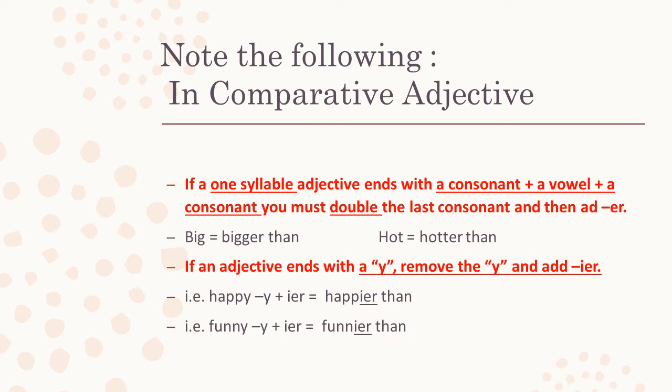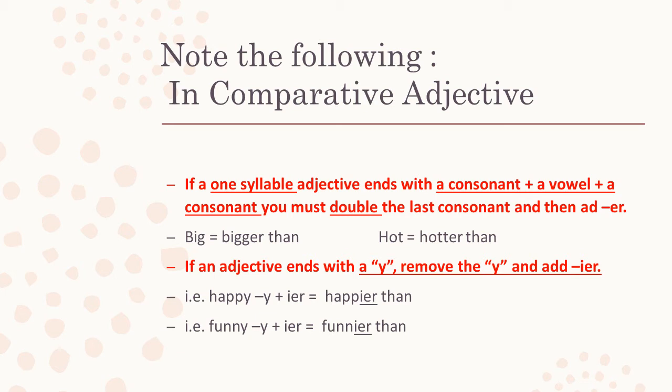Note the following in comparative adjectives. If a one-syllable adjective ends with a consonant, then a vowel, then another consonant, like when we call them CVC, like the word big, what are we going to do? We are going to double the last consonant and then we add the ER, like the word big.